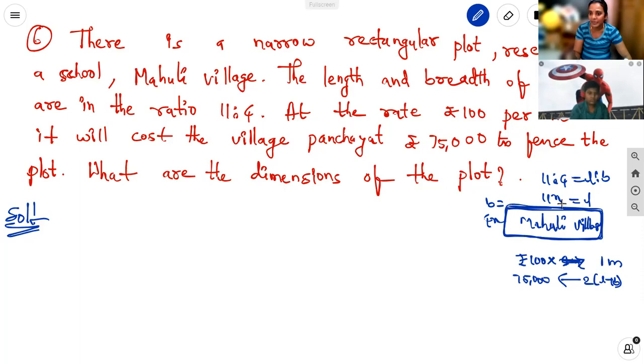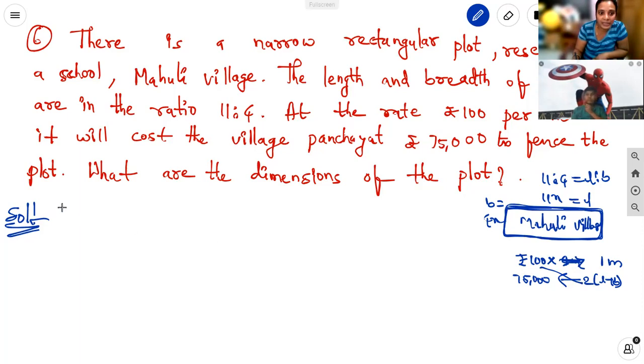Fencing is the perimeter of the rectangle. The perimeter in meters should be multiplied by 100: 2 into (L plus B) into 100 equals 75,000.